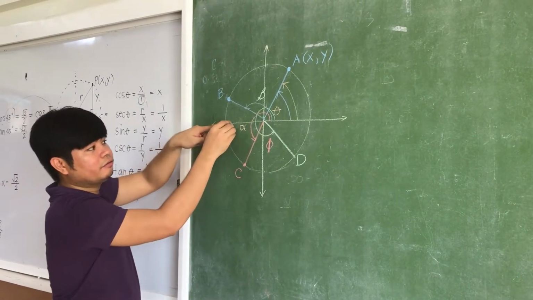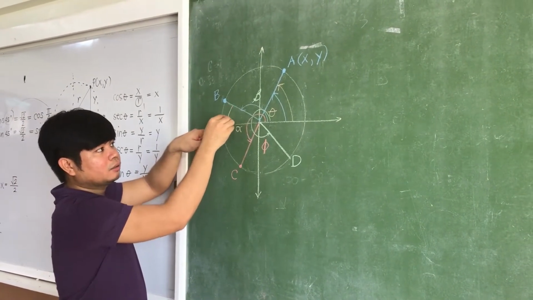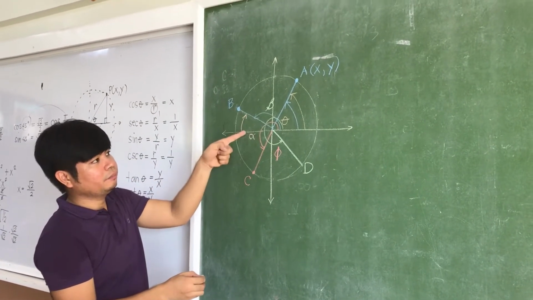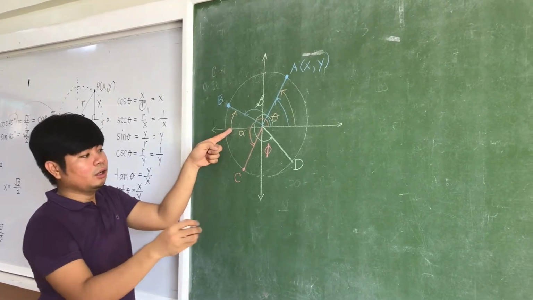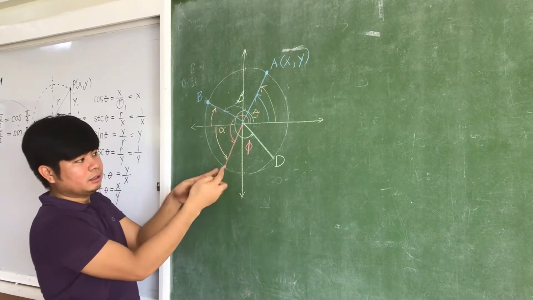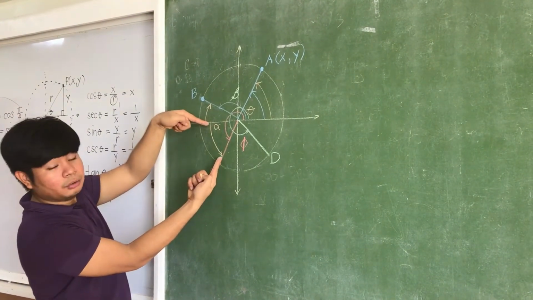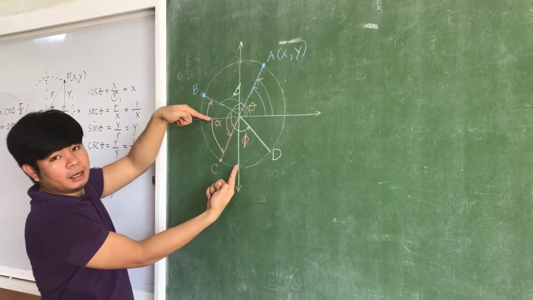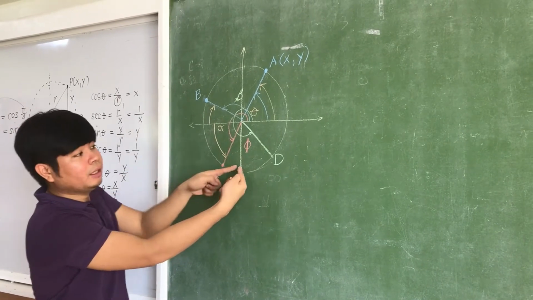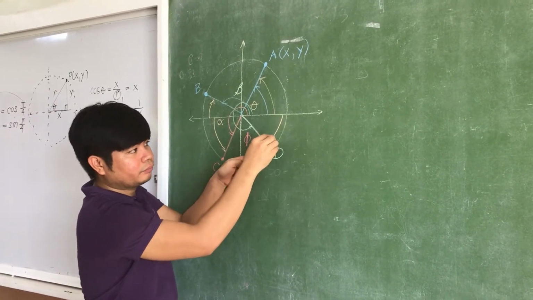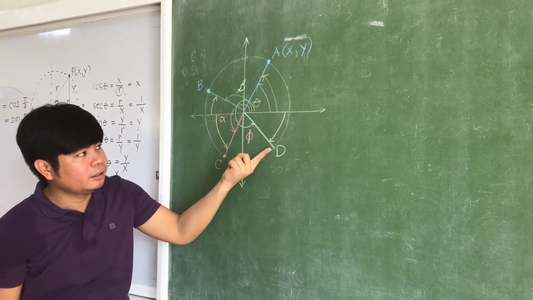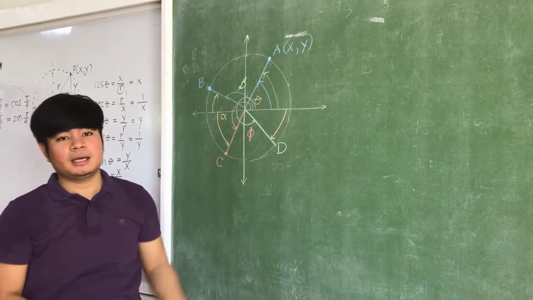From the x-axis to that terminal side, there is also an acute angle, because it is greater than 0 degrees but less than 90 degrees, because this is already 90 degrees, right? So there is also an angle formed here, from the x-axis to the terminal side.